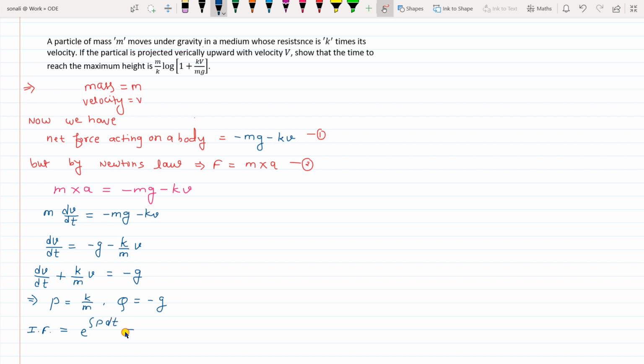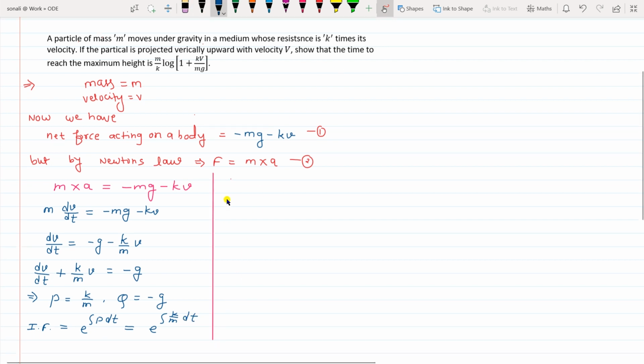Okay, now putting the value for P, we get e to the power integration of k/m dt, and on integration we get integrating factor equals e to the power k/m, which is constant with respect to t, keep outside, and integration of constant is t.